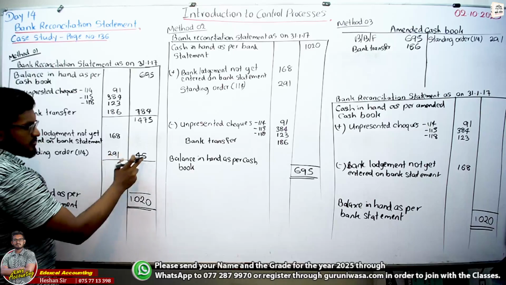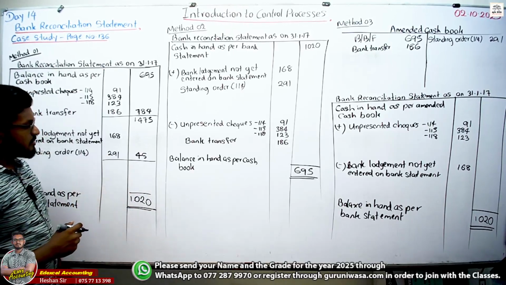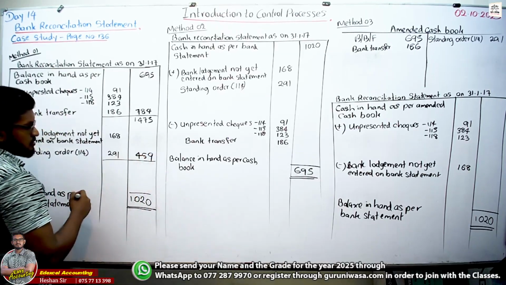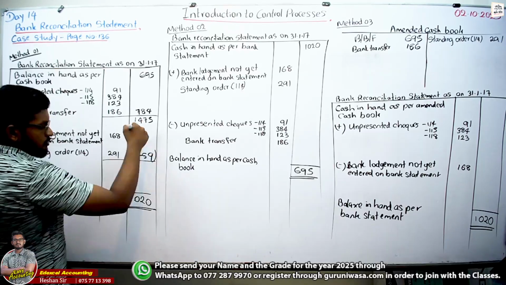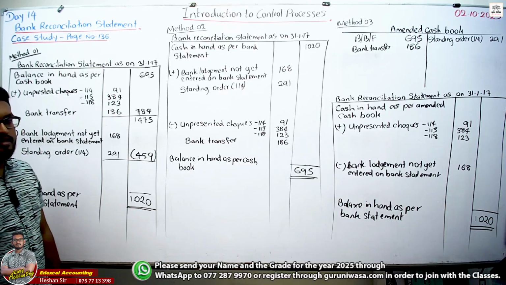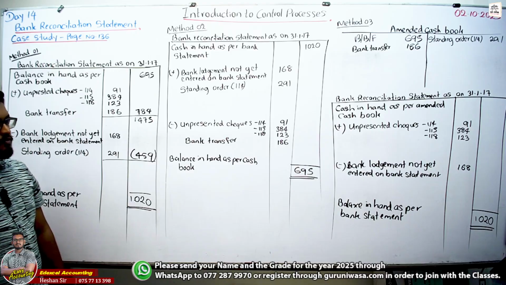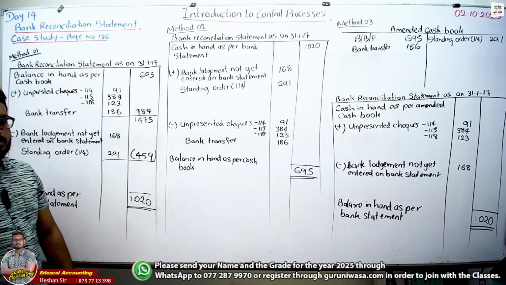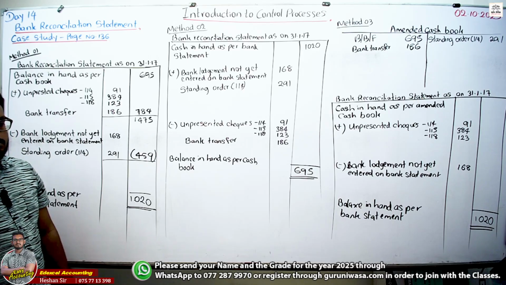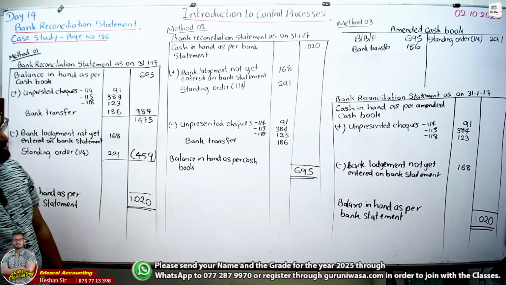Deduct this one from here and tell me the total. 1475 plus 459, this minus this. 1475 minus 450. 1060 or 20. Just check again.